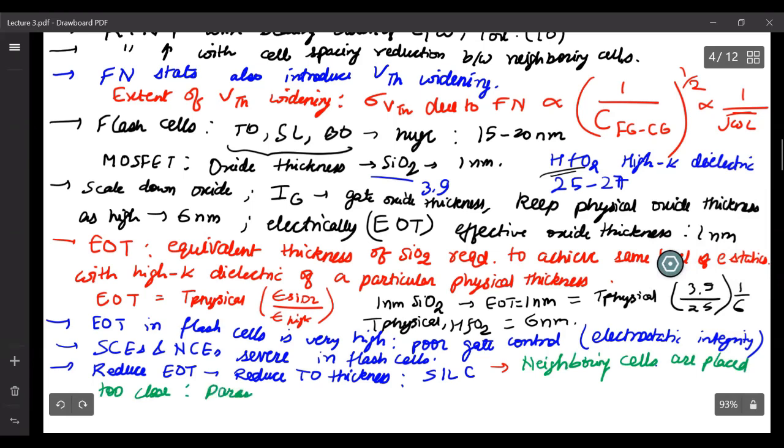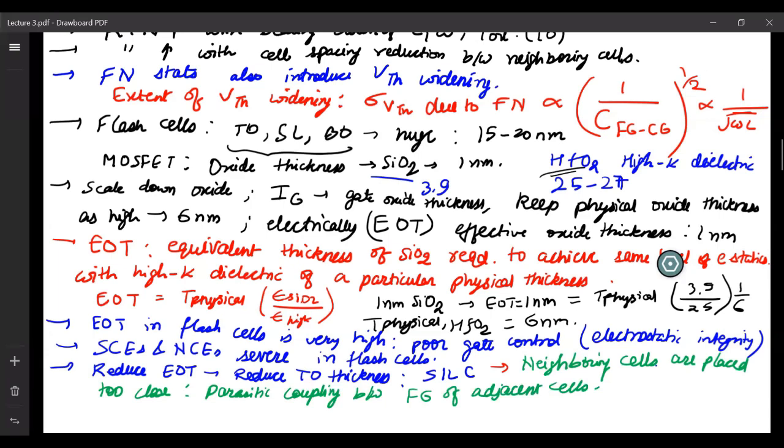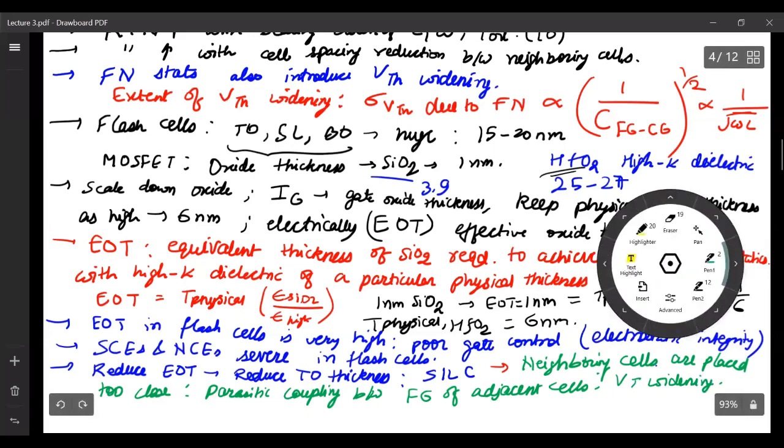There will be parasitic coupling, between floating gates of adjacent cells. Because of this coupling also, your threshold voltage distribution will widen. So let me write that there will be VT widening because of this as well. And because of this, there are phenomena like neighbor cell disturbance, crosstalk and all those things which are happening.